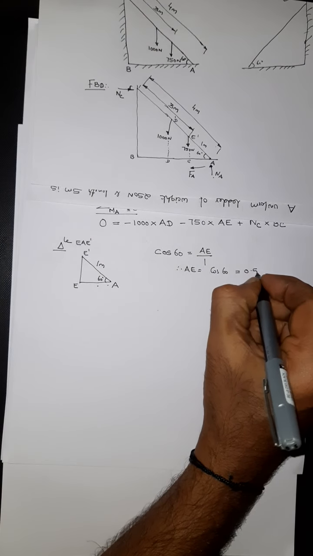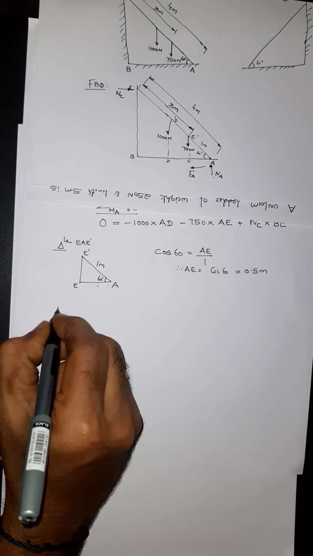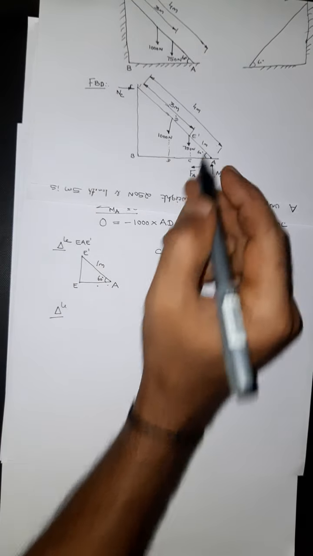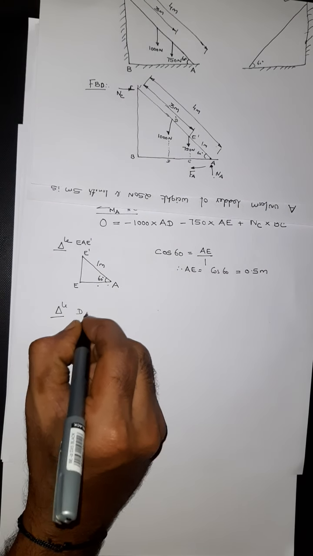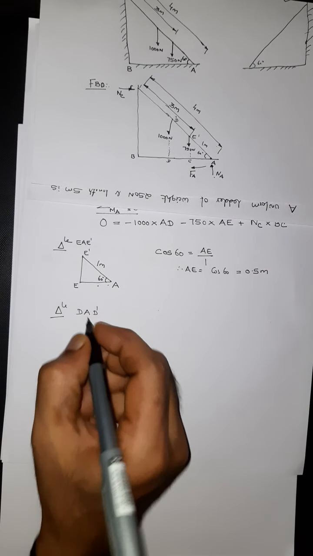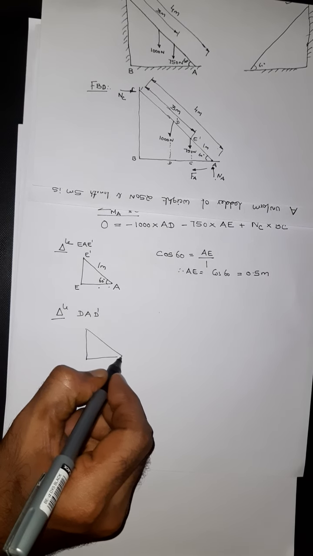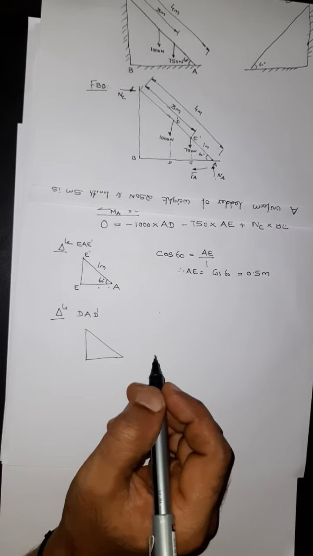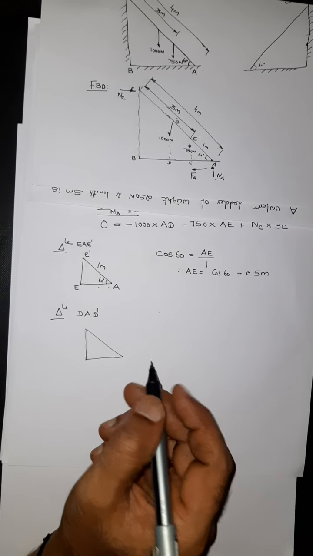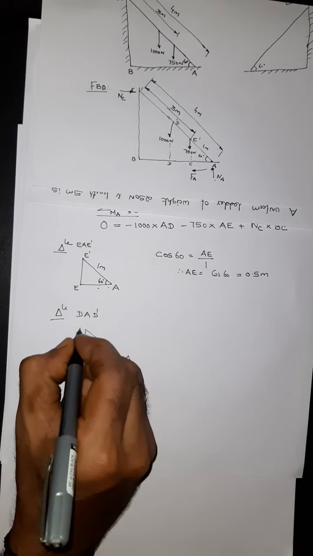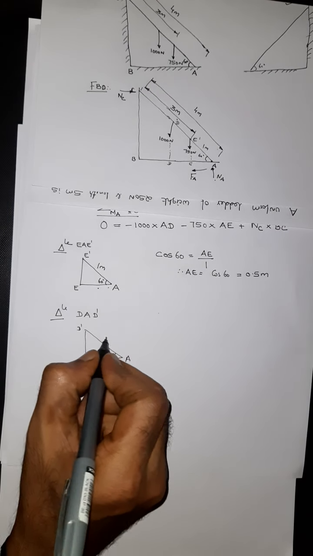Next triangle, A D D dash. So this is the triangle and the angle is 60. This is A, this is point D, this is point D dash.